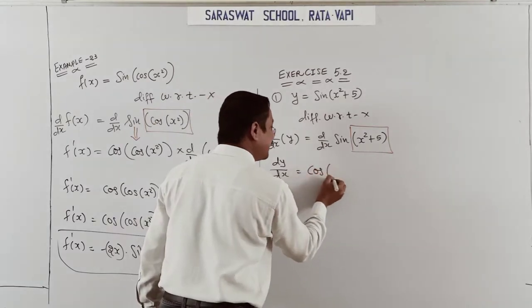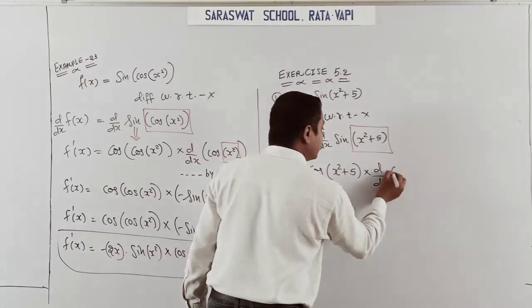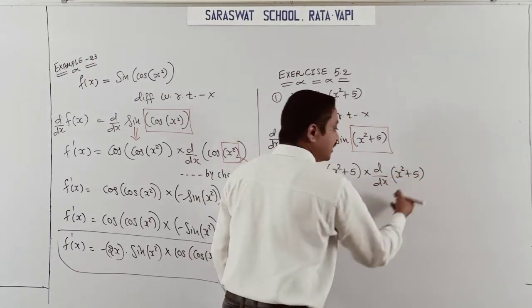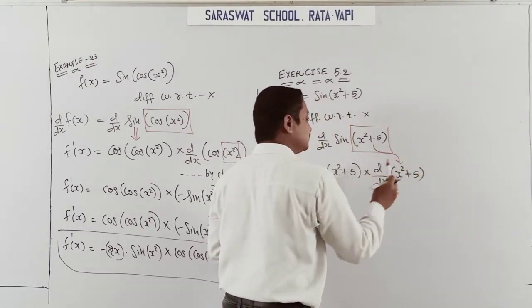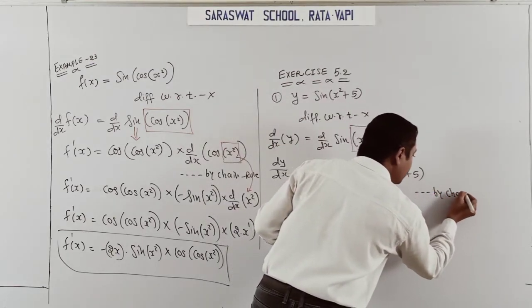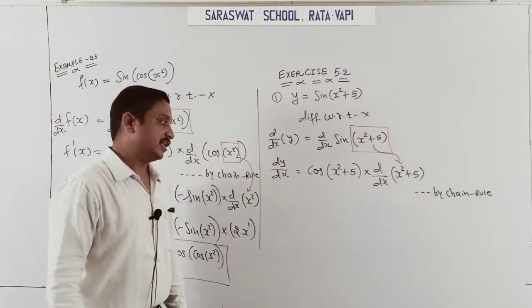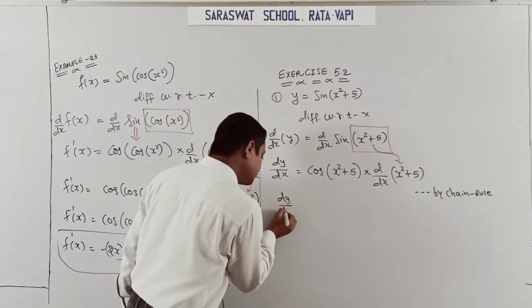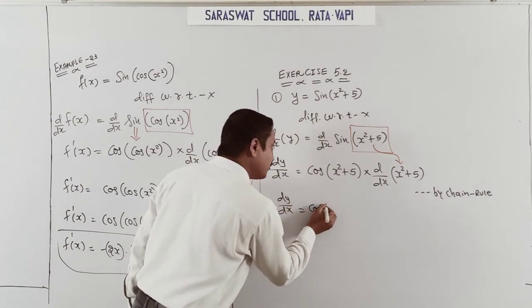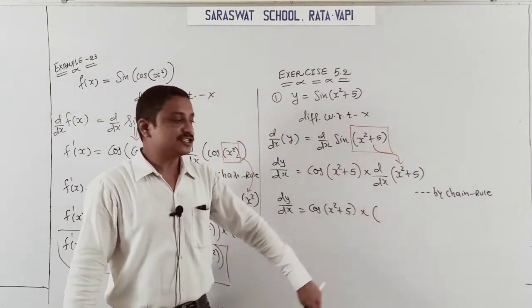Yes, cos of theta into d dx of the internal x square plus 5 as it is, this argument, by chain rule. It's a very easy process. Finally, dy by dx the same, cos of x square plus 5, and this internal function.